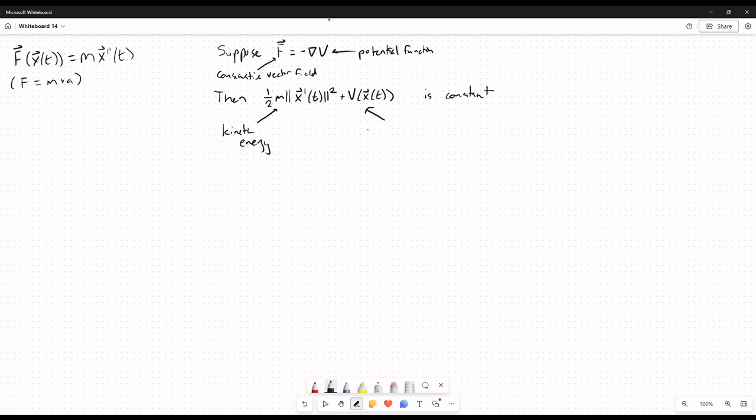And plugging x of t into the potential function is going to be potential energy. We want to show that basically the kinetic energy plus the potential energy gives us a constant function. The best way to do that is to show that the derivative of this sum is 0.